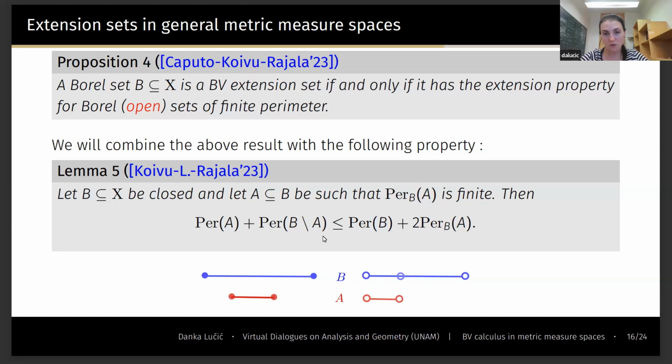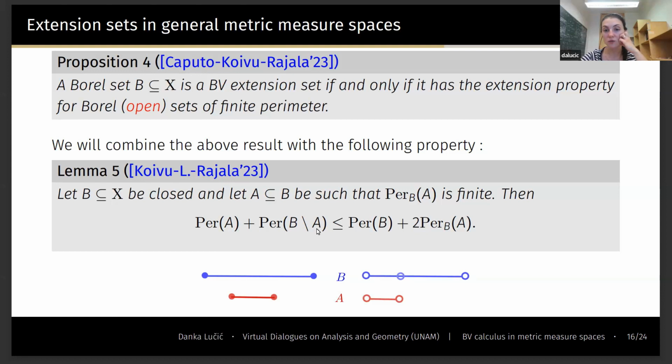So what does this mean? First of all, why do I have to have a closed set here? Because for an open set, we have an example which now I show you here, that this can fail. So if you take your set B to be an open interval from here to here, and take out also this point from this open interval, so you have a union of these two open intervals, and take the set A to be precisely this interval here, then the perimeter of the set A in the whole space is 2.